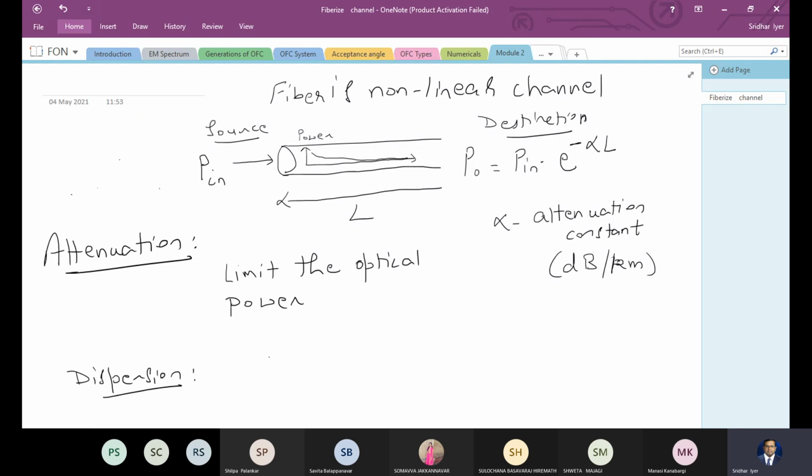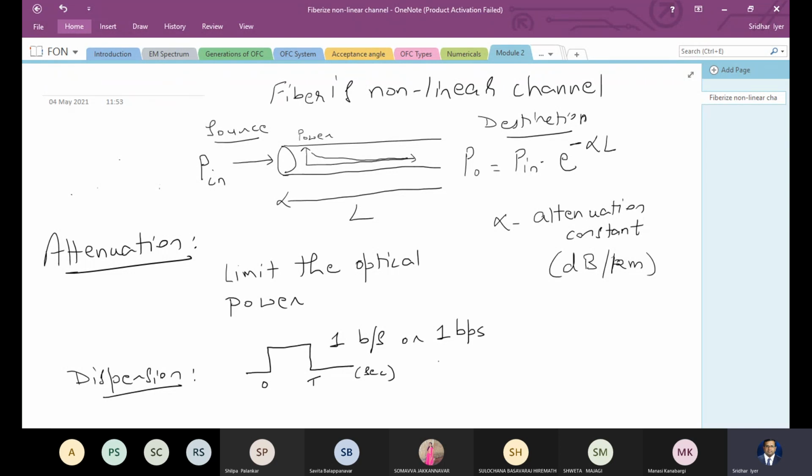So if we take a bit that looks like that between time 0 to t, and let this time be in seconds. If I'm transmitting this bit, I say that I'm transmitting 1 bit per second, or 1 bps, right?